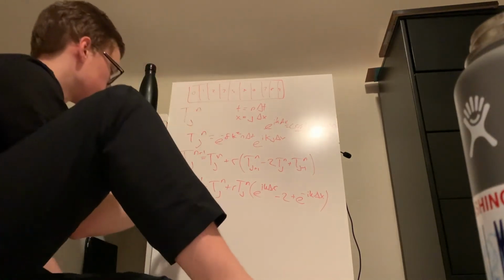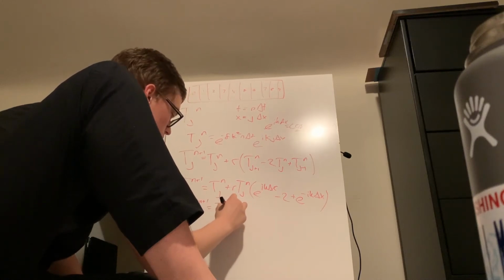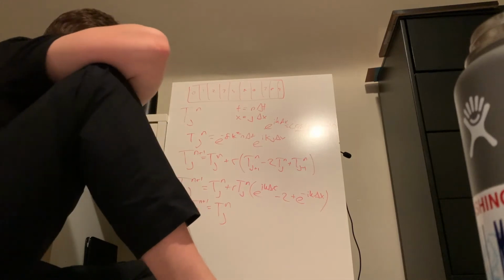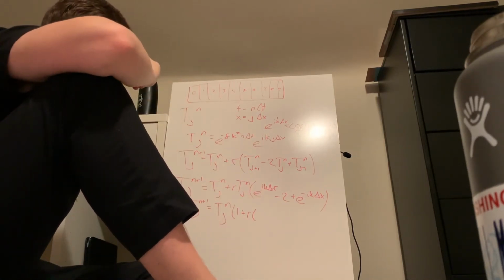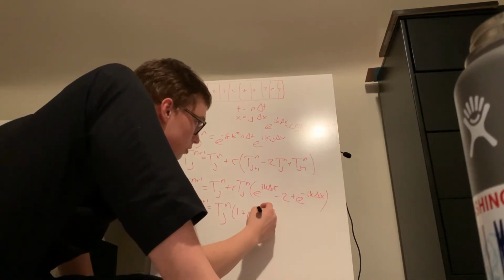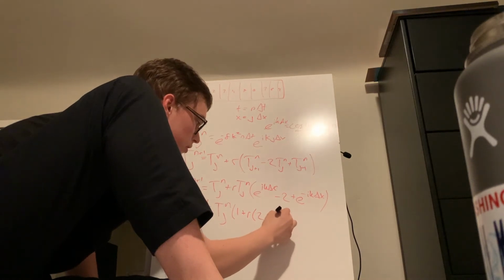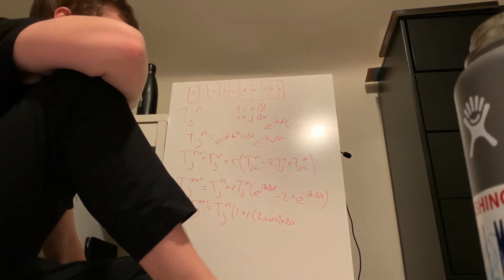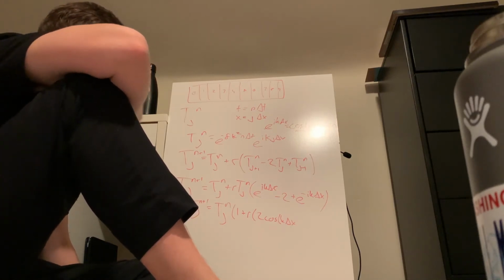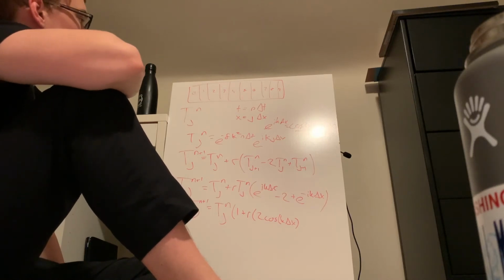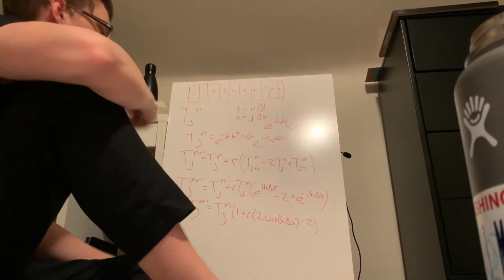So we have our T n plus 1 j is equal to T n j times 1 plus r, and then from up here, this value, 2 cosine k delta x, and then minus 2.